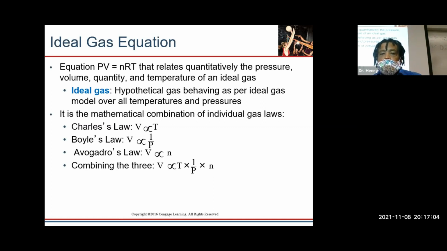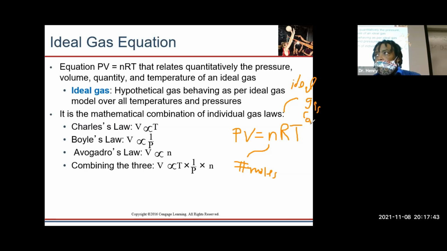The ideal gas law is PV equals nRT, where P is pressure, V is volume, n is the number of moles, R is the ideal gas constant, and T is temperature.